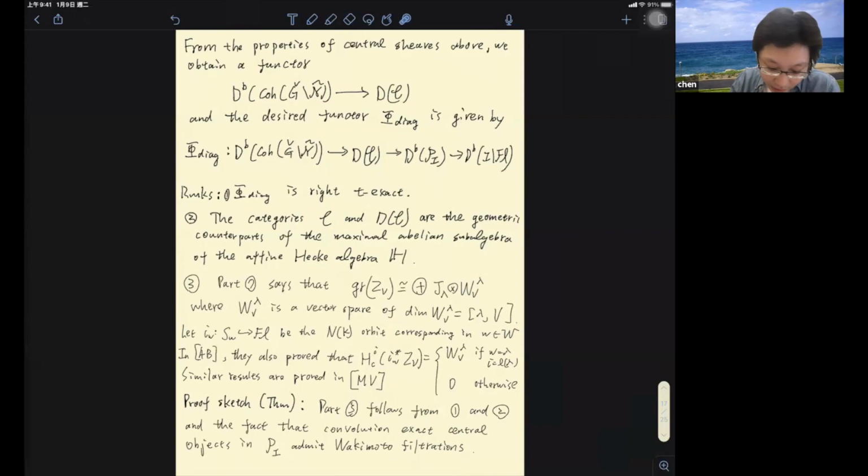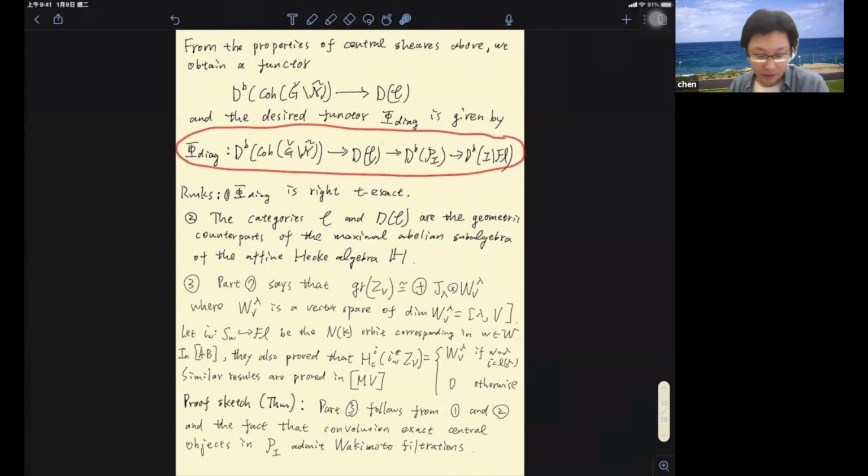And our desired functor, this phi diagonal, is given by a natural functor from DC to the bounded derived category of perverse sheaves, and then a natural functor from this derived category to the affine Hecke category. These are realization functors. And so that's the construction of the functor, the phi diagonal.